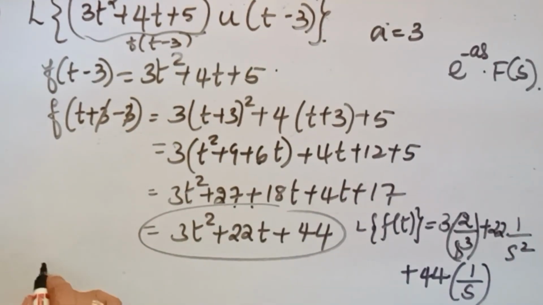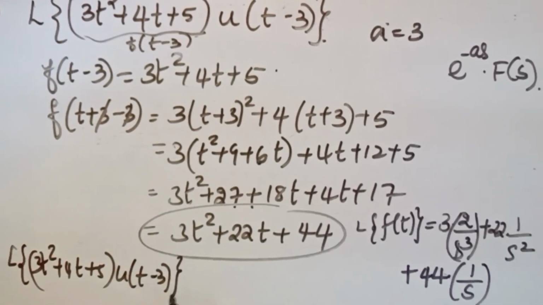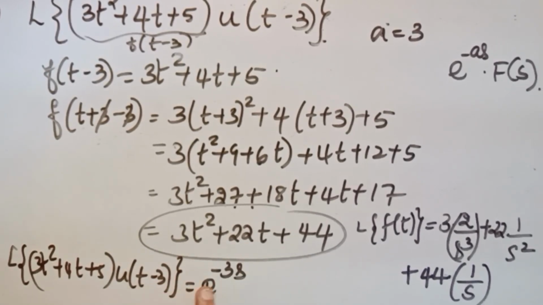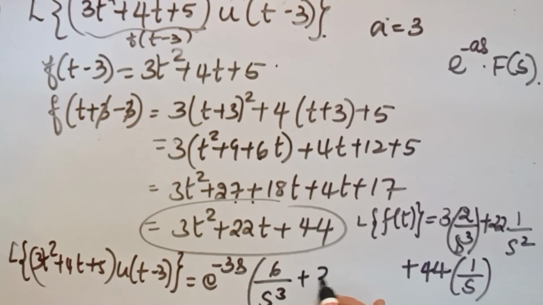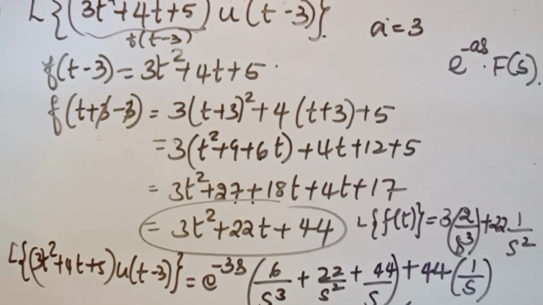So the Laplace transform of 3t square plus 4t plus 5 into u of t minus 3 equals e to the power minus as, a is 3 here, e power minus 3s into 6 by s cube plus 22 by s square plus 44 by s. This is the final answer.